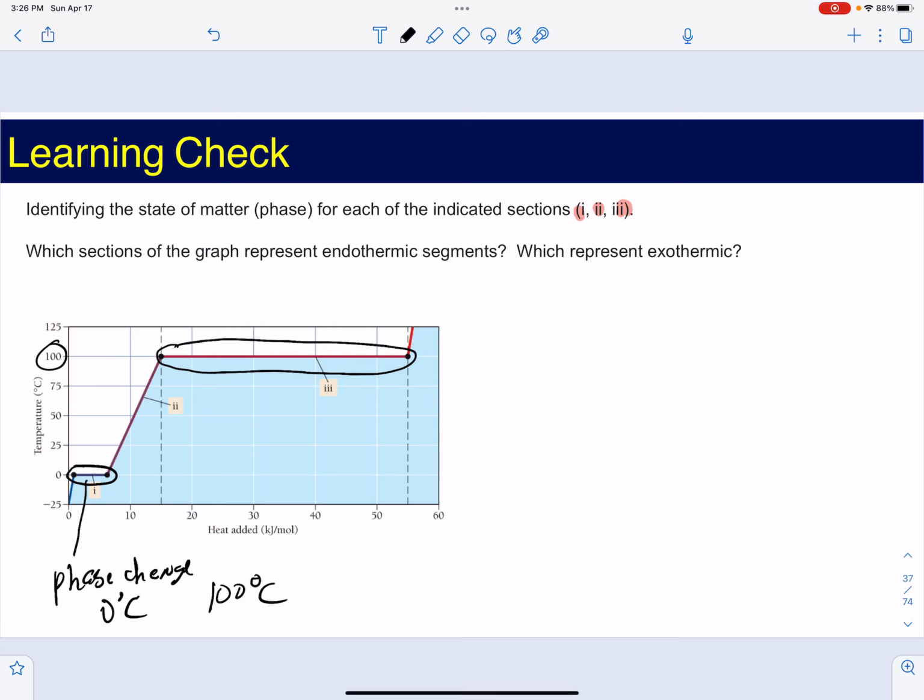So we can say, based on what I know, freezing point 0 degrees, boiling point 100 degrees, this has got to be water. And we know that below 0 degrees, this would have to be a solid.